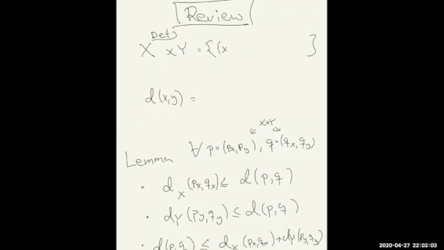Okay, so let's review a little bit what was done last time. Not on Friday, I mean on Wednesday before the exam. So we had a product space consisting of pairs (x, y) where x is in X and y is in Y. And we have a distance function on it.